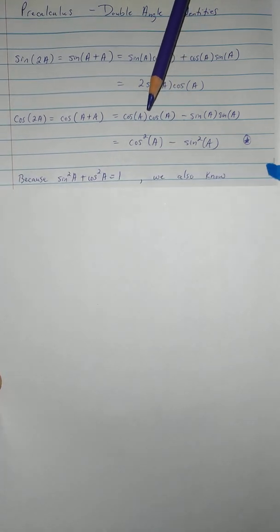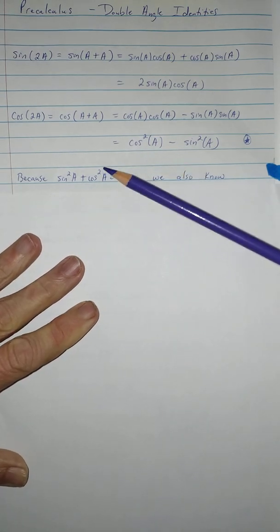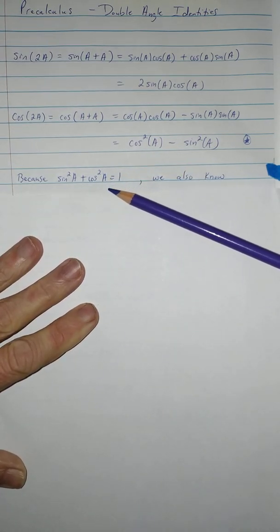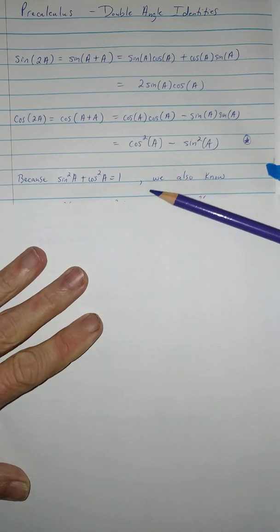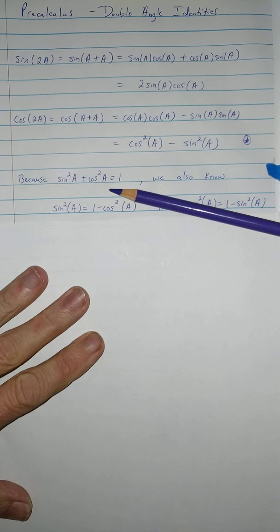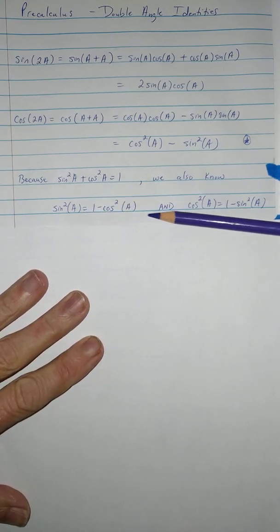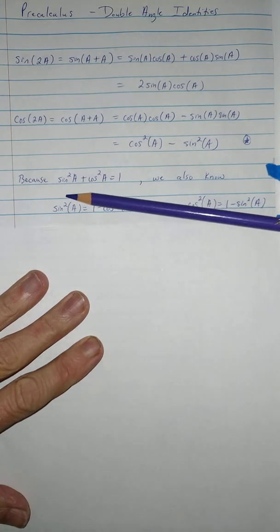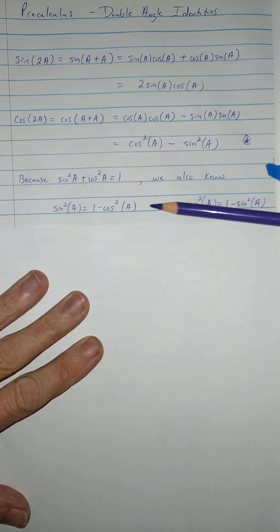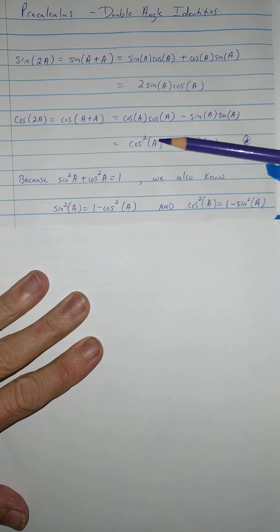So to get the other 2, we just need to remember the Pythagorean identity that sine squared a plus cosine squared a is equal to 1. If we subtract cosine squared a from both sides, we get sine squared a is equal to 1 minus cosine squared a. And if we had subtracted sine squared a from both sides, we would get cosine squared a is equal to 1 minus sine squared a. Using one of these at a time, we can come back to the first version and substitute.